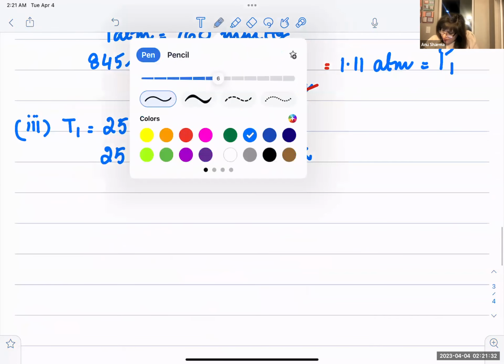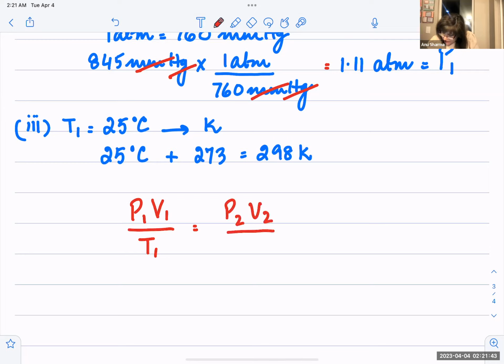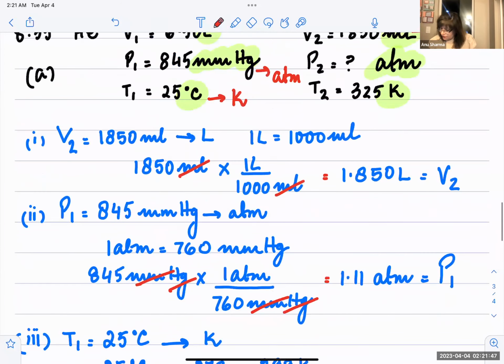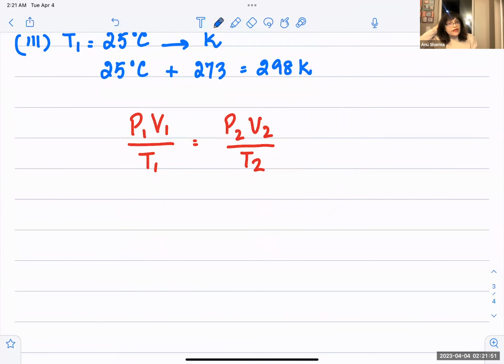Now we need to find P2. The formula we are going to use here is the combined gas law: P1 V1 over T1 is equal to P2 V2 over T2. We need to find P2, so we are going to remove the V2 and T2 from one side of the equation.